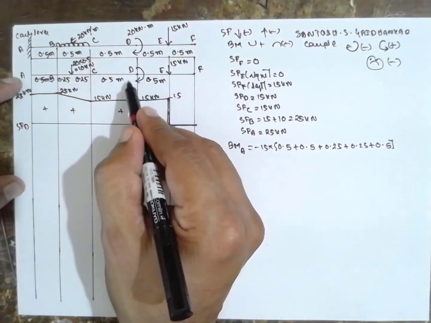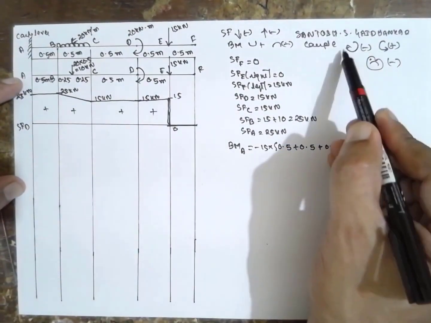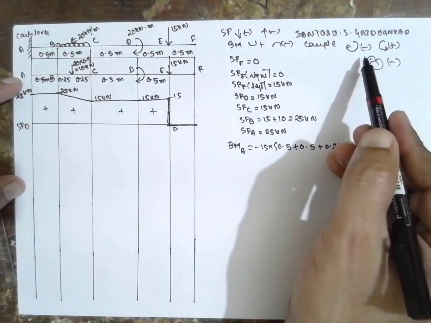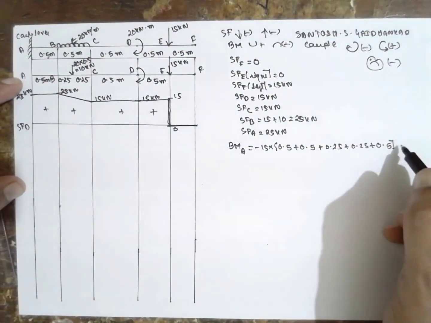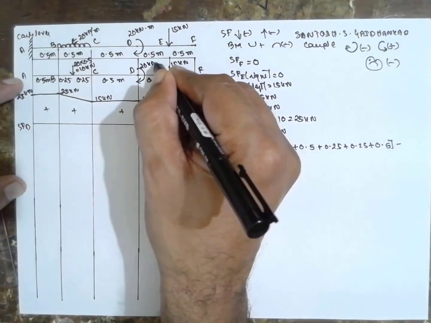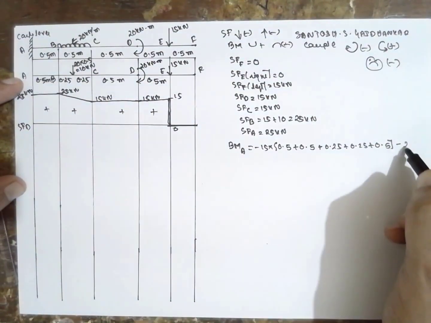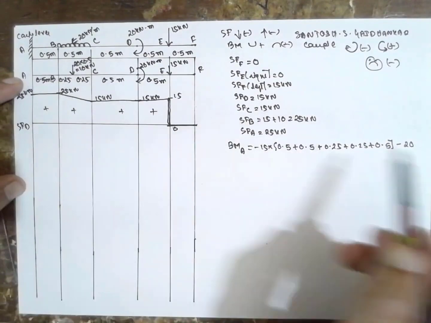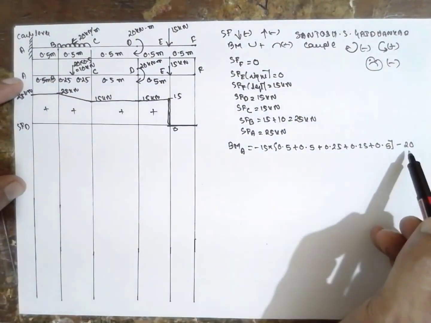Next couple, if the sign is in this way, that is clockwise, I will consider negative. There is minus, this is 20 kilonewton meter, minus 20 kilonewton meter. Please don't consider a length in the couple. Just write minus 20.